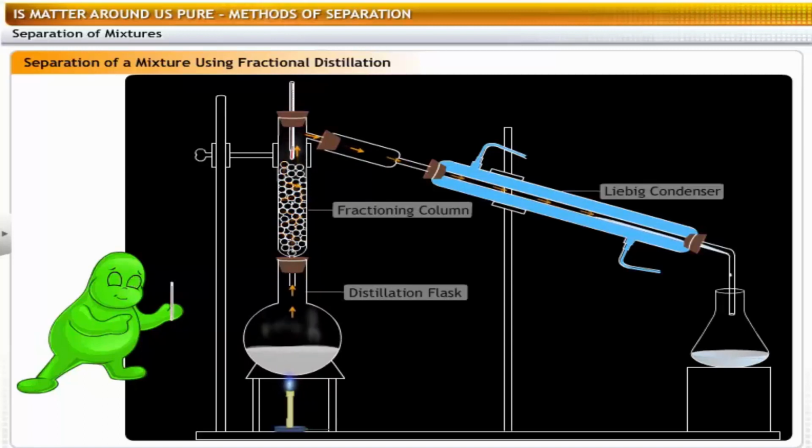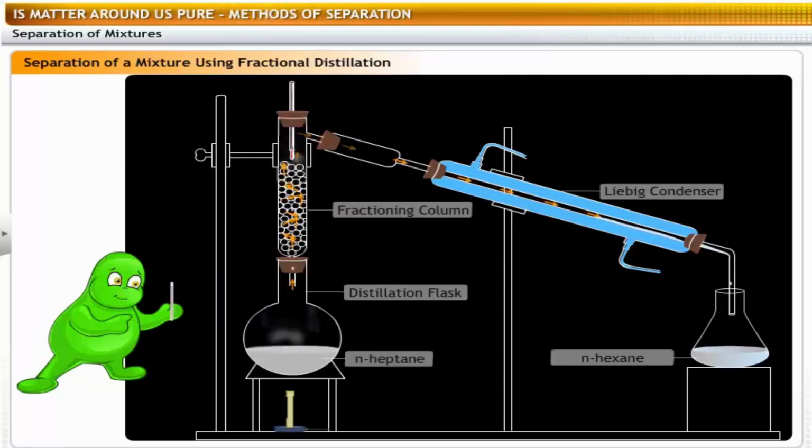The fractioning columns obstruct the smooth upward flow of vapors. During this process, only the vapors of N-hexane, which has a lower boiling point, pass through and get condensed in the condenser. N-heptane, which has a higher boiling point, condenses and flows back into the distillation flask.